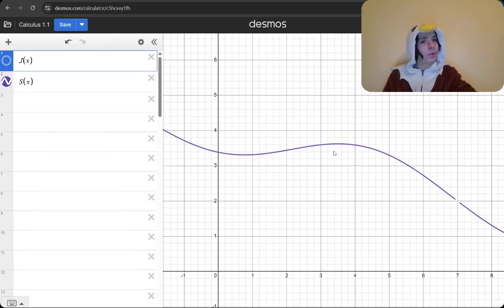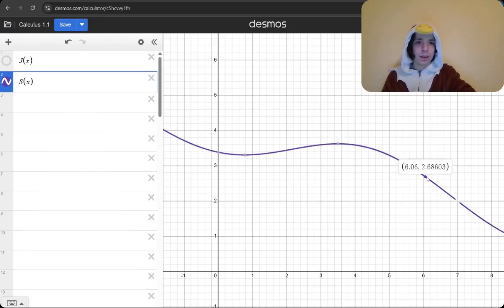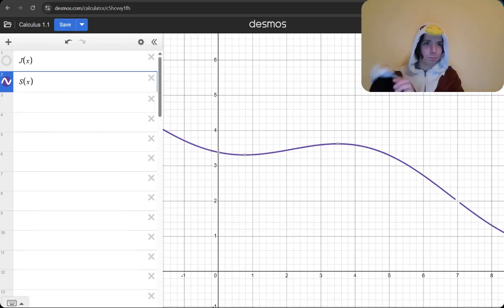So we can do the same thing as before, where we go around, and as we get really close to it, we can't quite get there, but it looks like it's getting pretty close to 2, and also from the other side, it looks like it's getting pretty close to 2. So we could say that if Shadow didn't enter the shadow realm at x equals 7, his y position would have been around 2. And that's your first calculus, everyone.